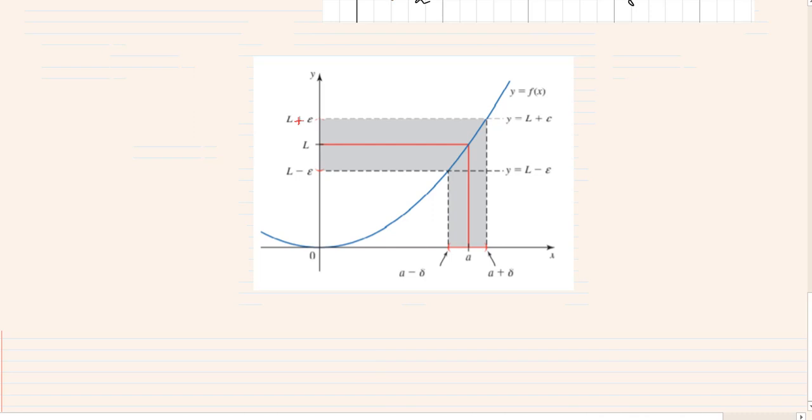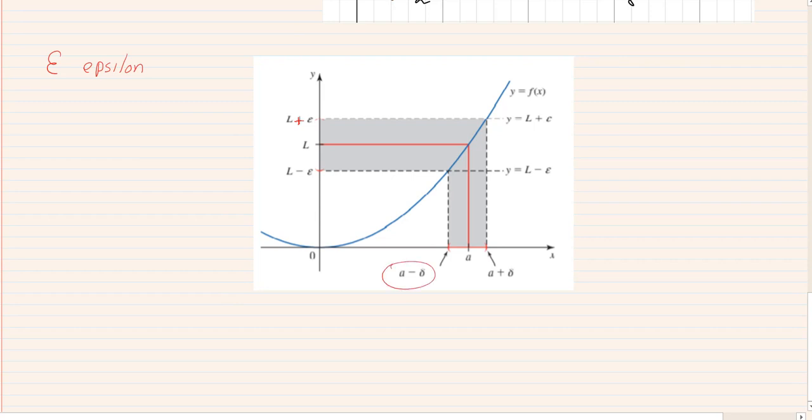Symbolically, in a general form we use epsilon. That's what the symbol here is, the Greek letter epsilon. And the one on the horizontal axis, how close should we get to A? The distance that you're away from A, the how close part, is a delta.